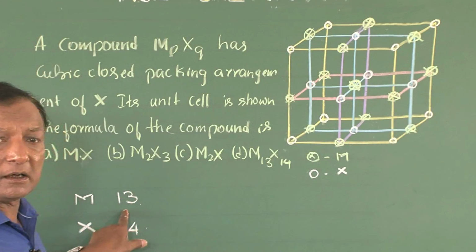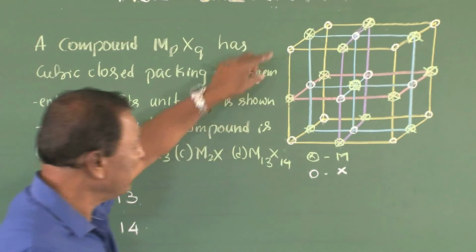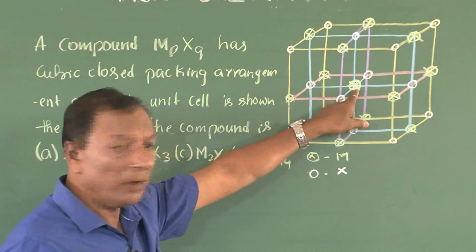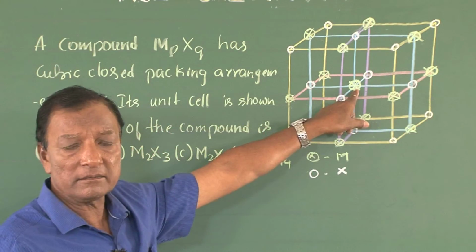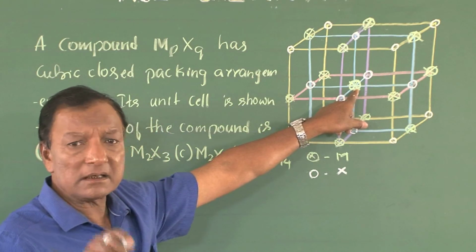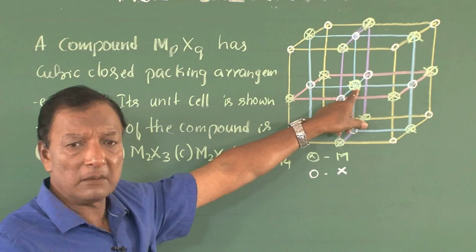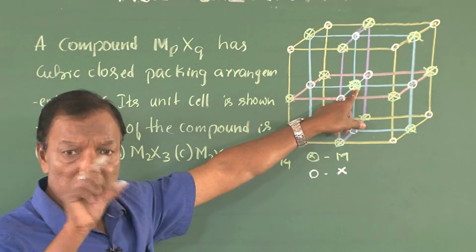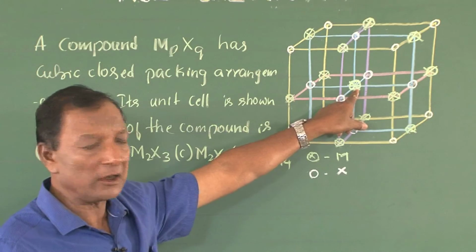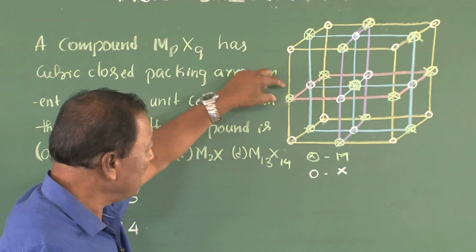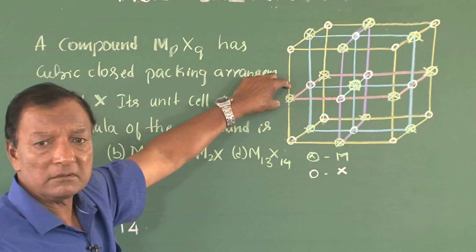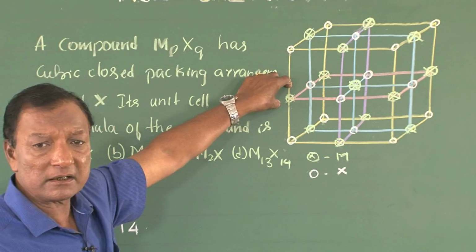And out of the 13 M, look, 1 is at the center. This is the central particle, and its number is 1. It is not going to be fractionalized. But the remaining 12 are at the edge centers.